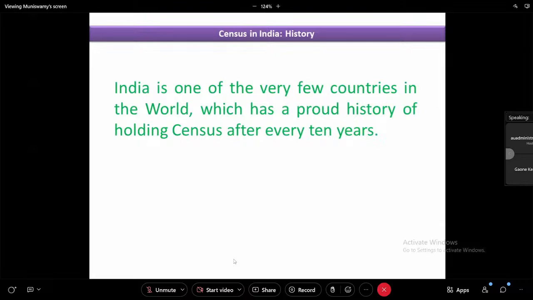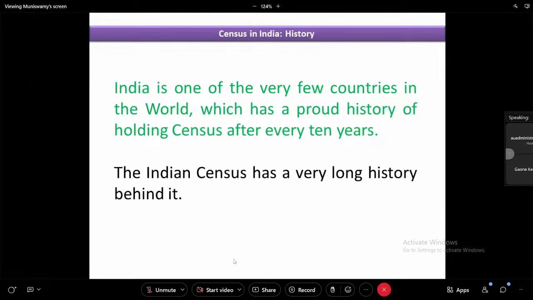People from our country serve others to improve their census reports or census surveys. So the Indian census has a very long history behind it.